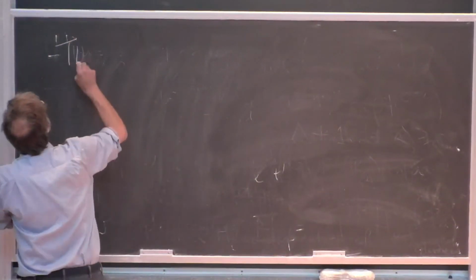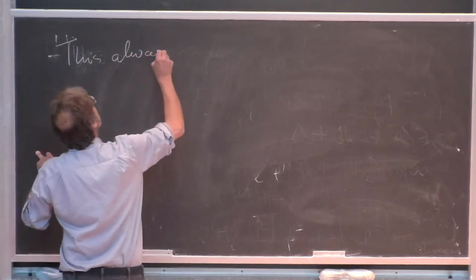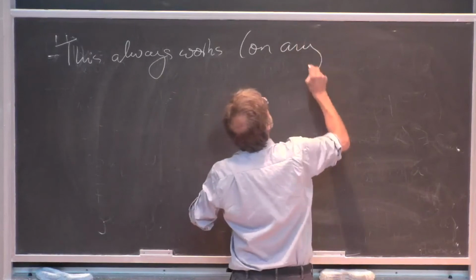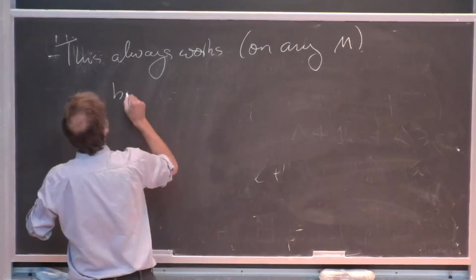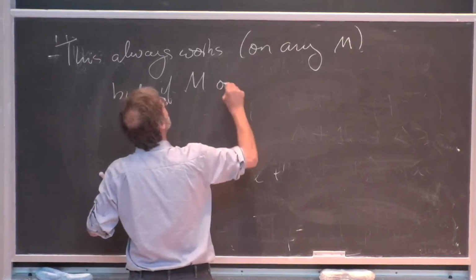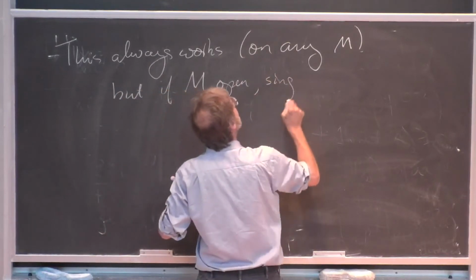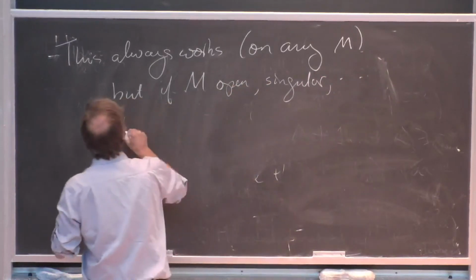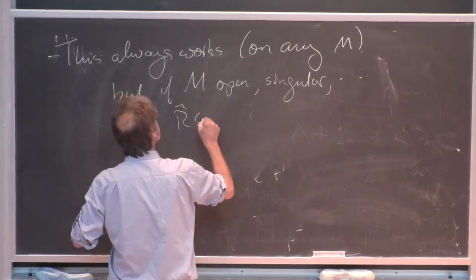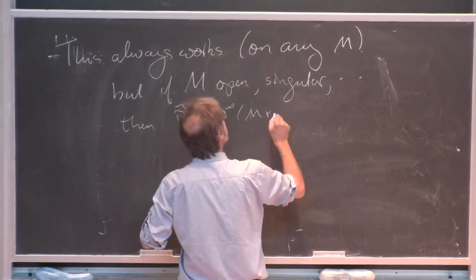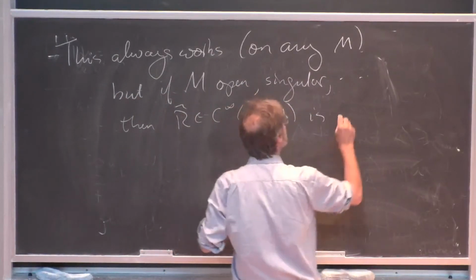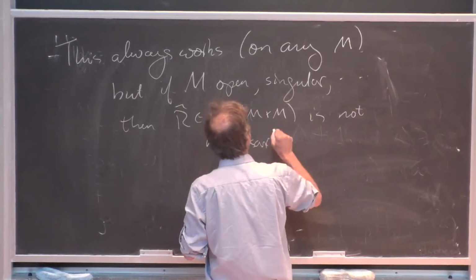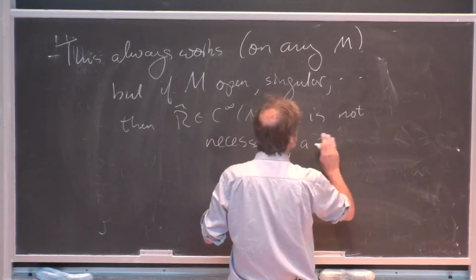So this always works, by which I mean on any M. But if M is open or singular, then this error term, R tilde, which is in C infinity of M cross M, is not necessarily a smoothing, a compact operator.